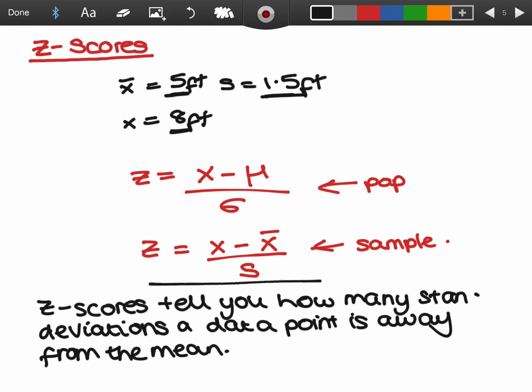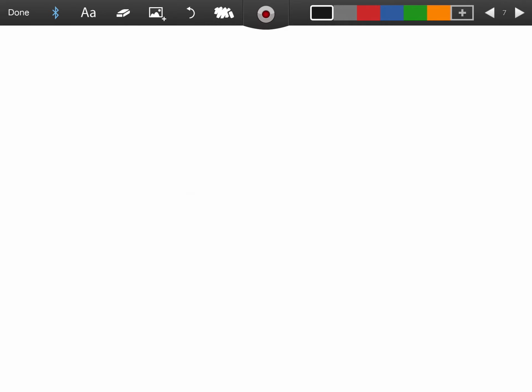A z-score has no units because your data point x, in this case in feet, minus the mean, which is also in feet, so you're still in feet, but then I'm dividing by something that is in that same unit. So I've got something in feet divided by something in feet. I just get an actual integer out, okay? It has no units. So we like z-scores because they are unit free.